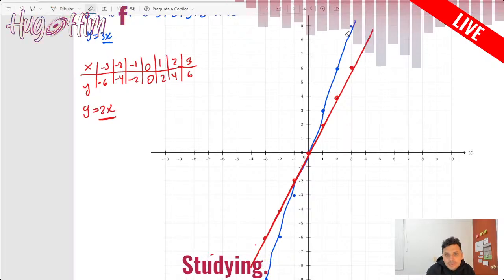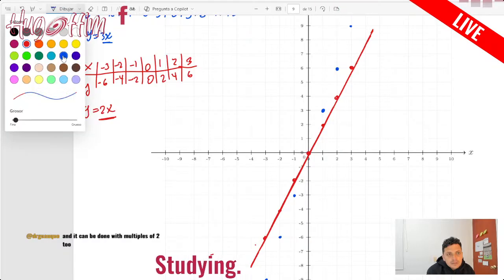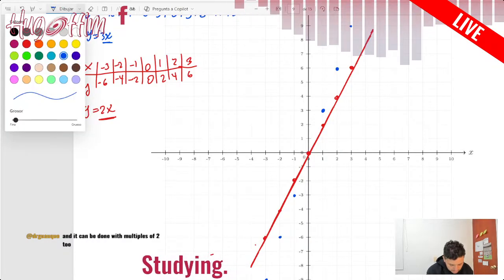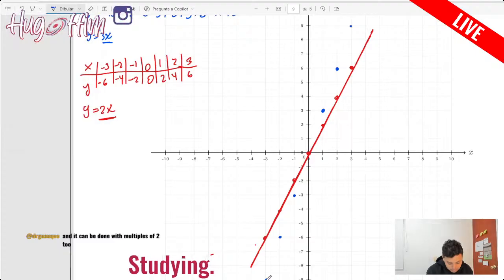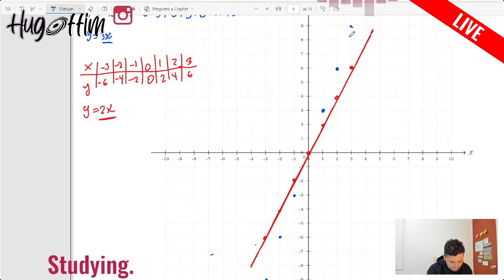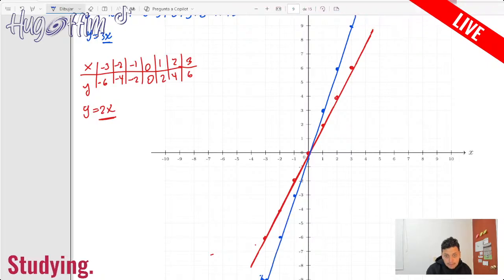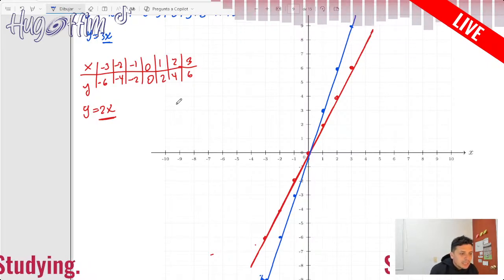I'm gonna try to do the second line in the same way. Okay, the best line I could do.